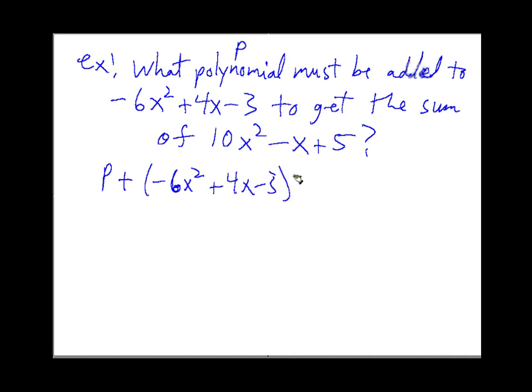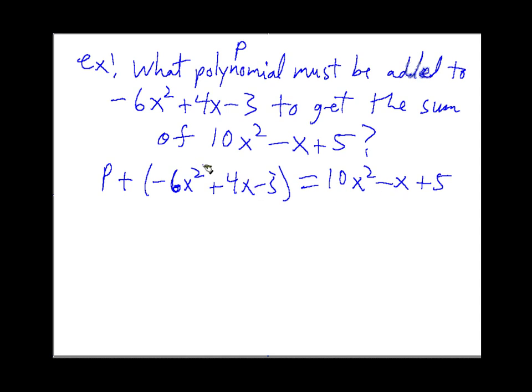And that sum should be 10x squared minus x plus 5. Can we see that? So p is the polynomial we're looking for, plus this polynomial to get this sum.